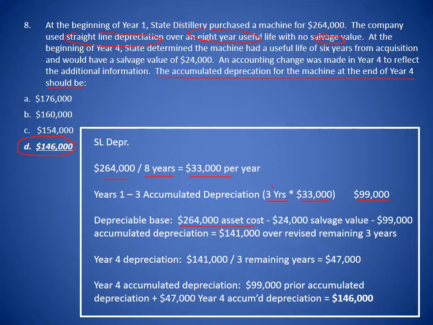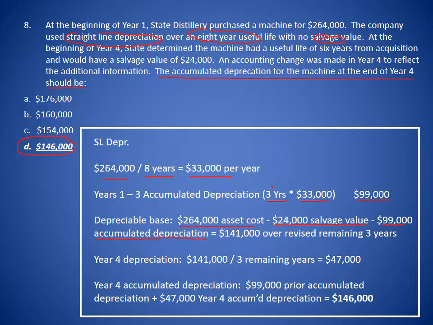We subtract out the $24,000 of salvage value, and we subtract out the $99,000 worth of accumulated depreciation. And that leaves $141,000 over the revised remaining 3 years.